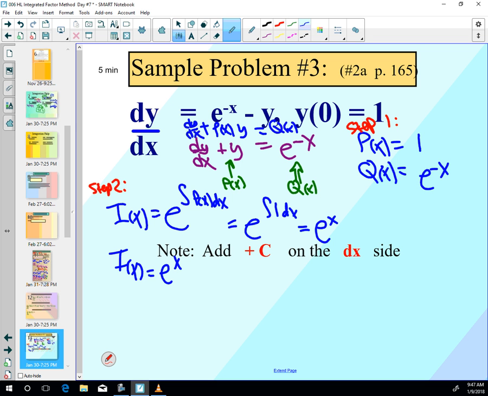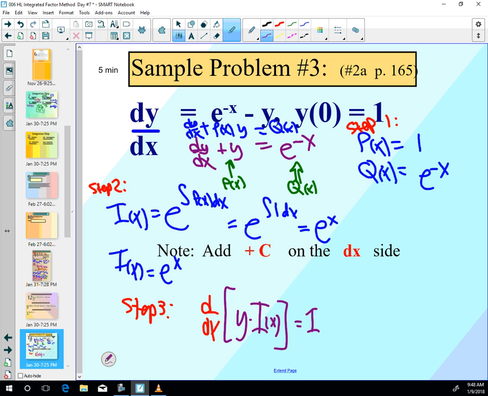For step 3, last part, we're going to go the derivative of y times I equal to I times q.